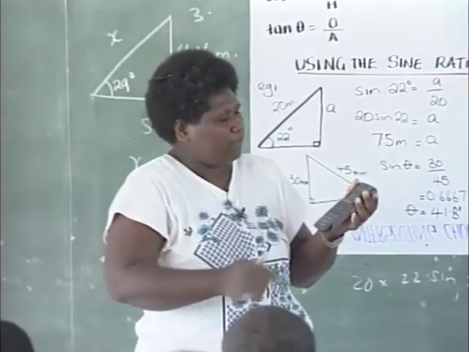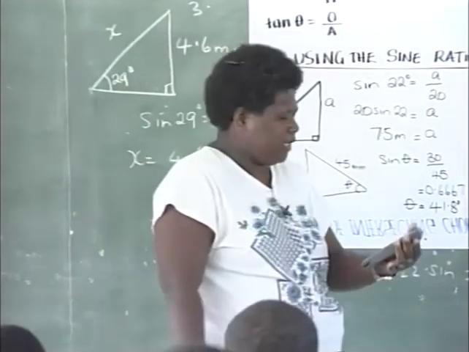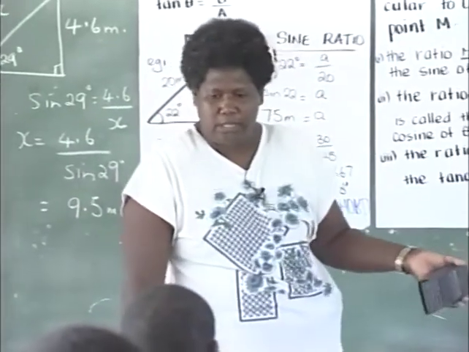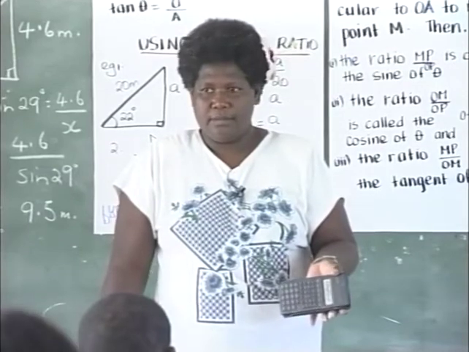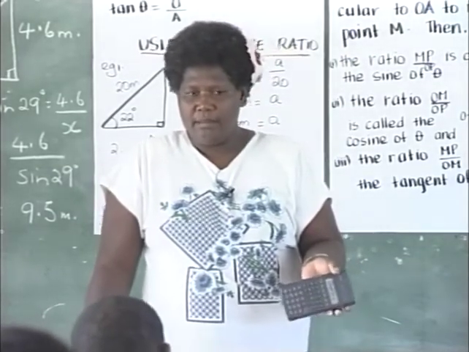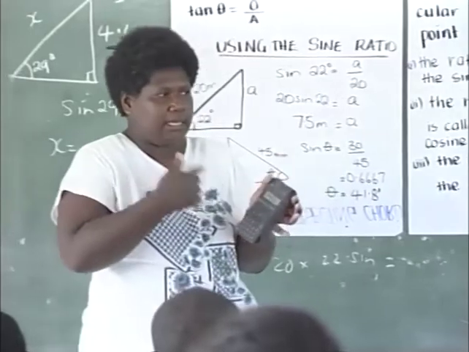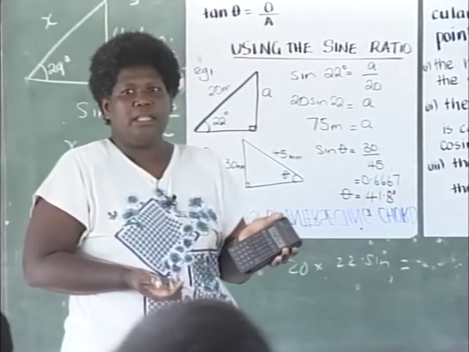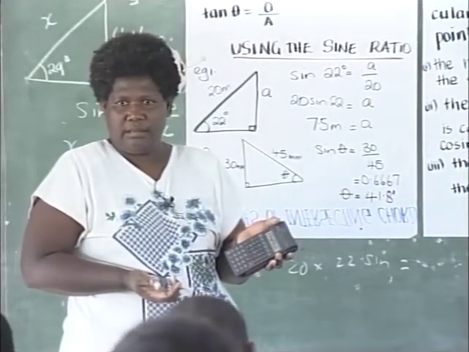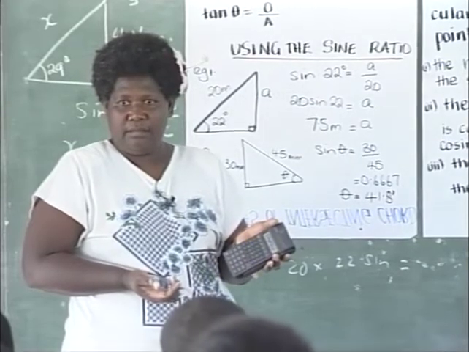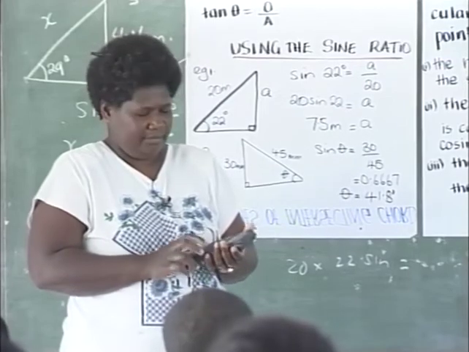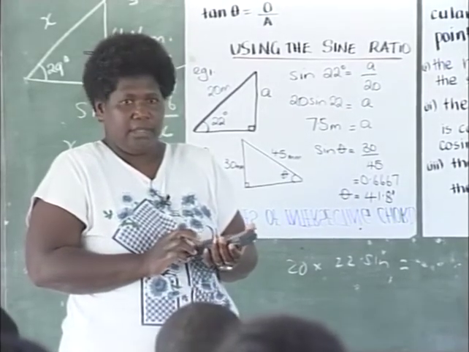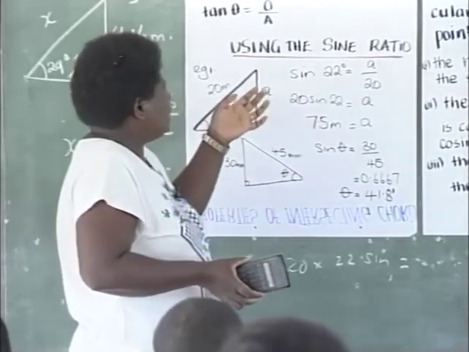Press it and it will give you 41 degrees, 48 minutes, 37.13 seconds. Did I make myself clear? Okay, so the first number is degrees, the second one is minutes. Huh? Seconds. Clear so far? We go on to the next one.